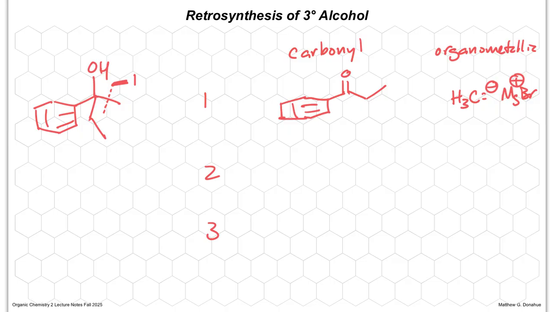Just go clockwise. If we wanted to now make that one, this would be a second way. That's a different ketone now. Now we need something with 2 carbons. So that could be the organometallic.